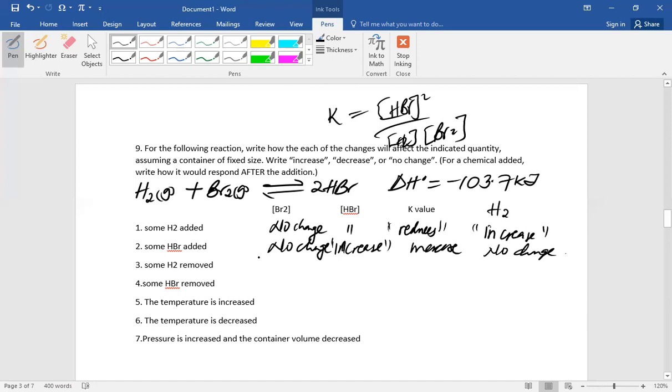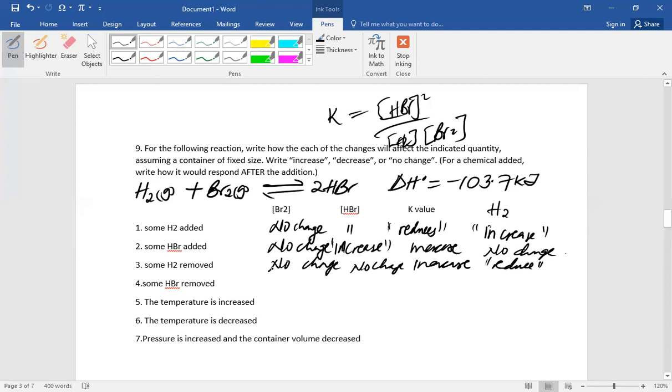Okay, H2 has been removed. So if H2 has been removed, Br2 has no change. HBr, no change. The K value, if H2 has been removed, is going to increase. And then what will happen to H2? Since H2 has been removed, it's going to reduce.